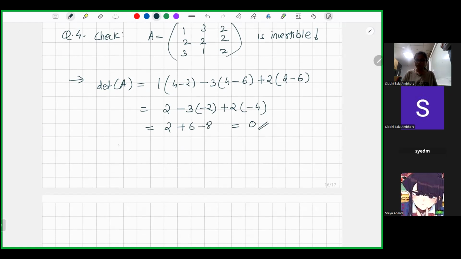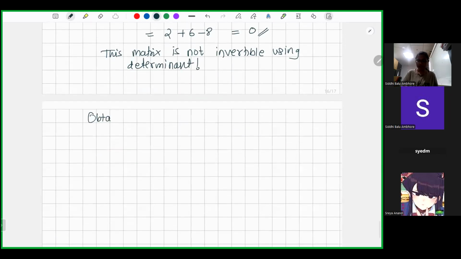And this is 0. So this matrix is not invertible using the determinant. But one more way to do this is to obtain the row echelon form of this matrix.